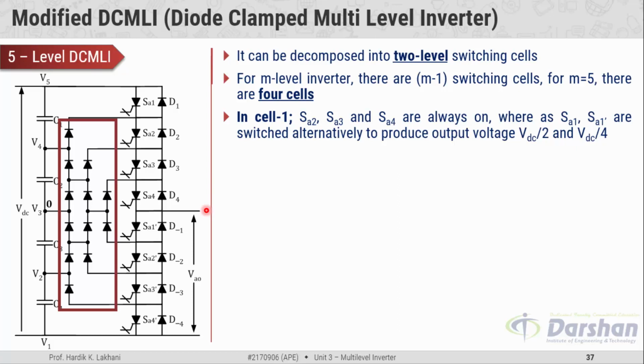Because of that, the magnitude that appears across the output terminal is VDC by 4. So using this cell, we can produce a two-level waveform with magnitudes VDC by 2 and VDC by 4, operating SA1 and SA1 dash alternatively.